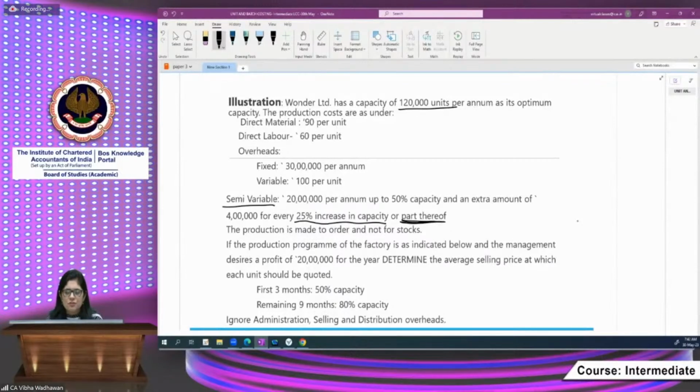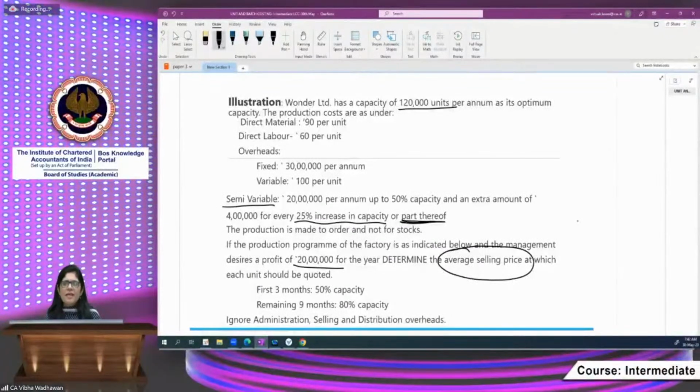That's not an issue. If the production program of the factories are indicated, the management desires a profit of 20 lakh for the year. Determine the average selling price. You have to calculate average selling price at which each unit should be quoted. So you have to calculate selling price.